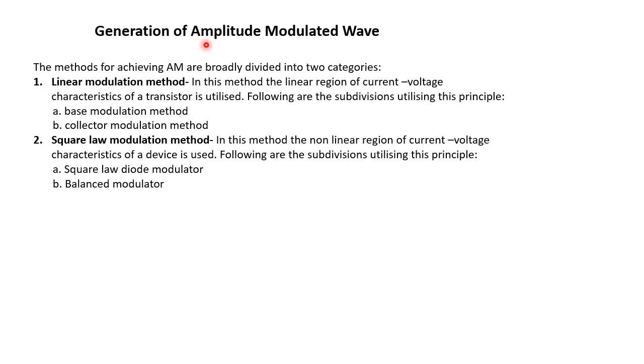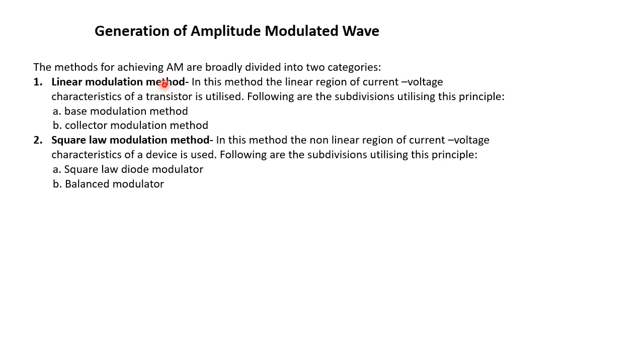Now the generation of amplitude modulated wave. We have gone through the amplitude modulated wave discussion in quite some detail. Now we will study how we can produce amplitude modulated waves in different modes, that is DSBFC, DSBSC, SSB and VSB.